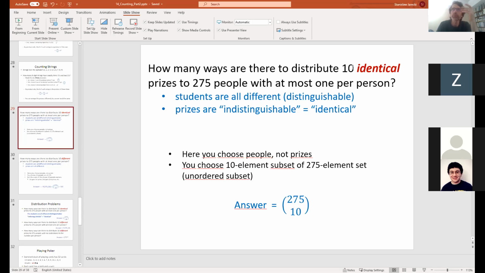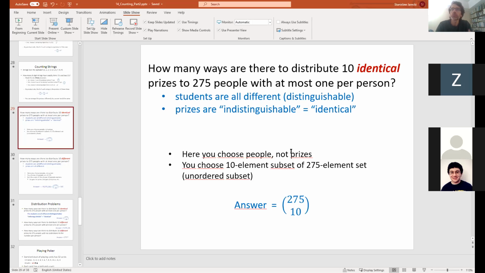So how many ways are there to give A+ if you know that you have a budget of 10 A+ in the class among 275? The prizes are identical. The people, though, are not. So the assignment of A+ to this set of students and that set of students are different assignments.